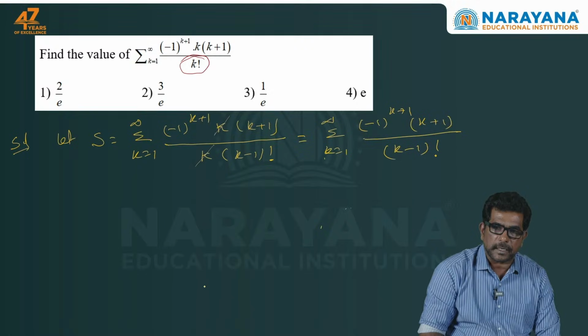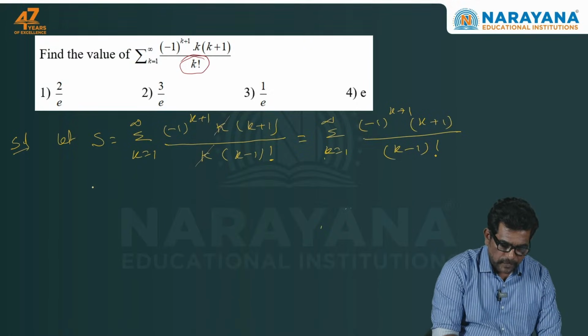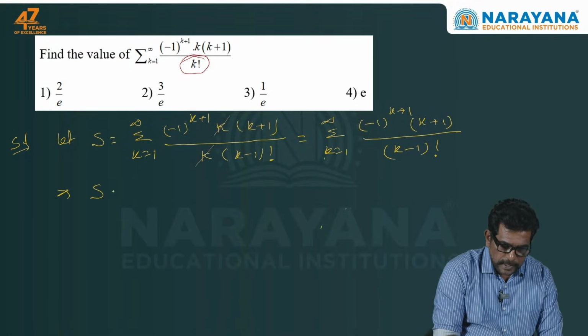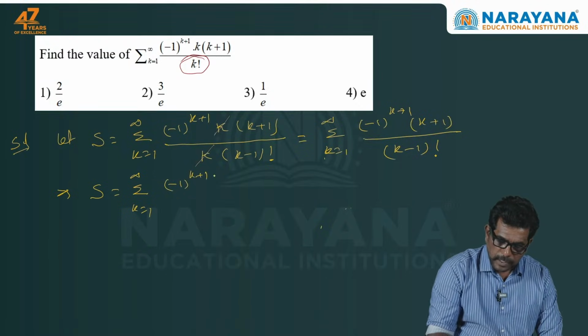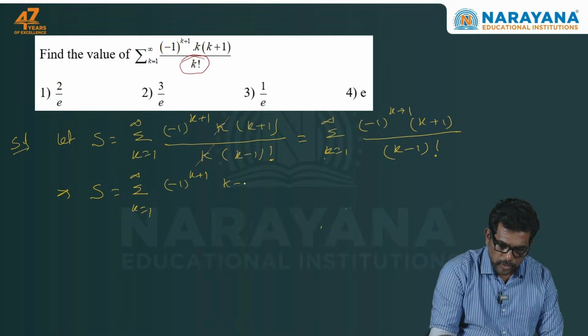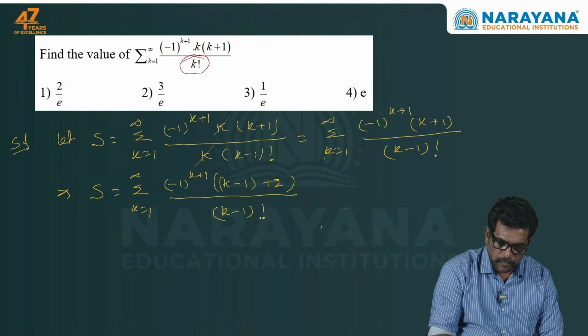Now I am going to simplify this by using the denominator, that is s is equal to summation k is equal to 1 to infinity minus 1 whole to the power of k plus 1. K plus 1 I am going to write as k minus 1 plus 2, by k minus 1 factorial.